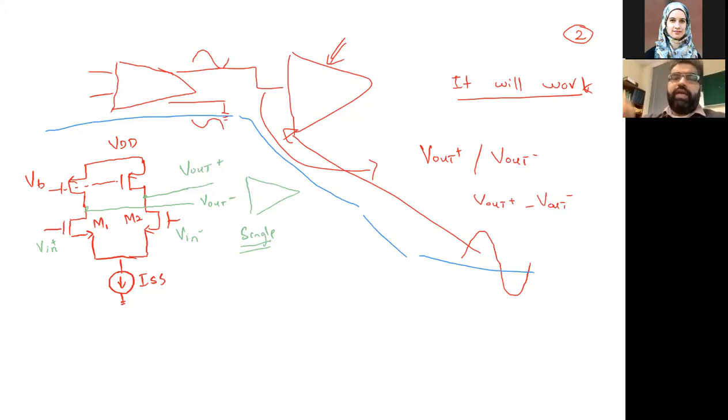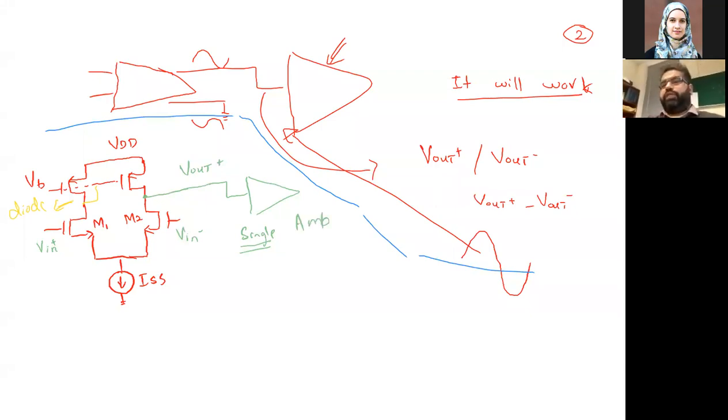I will just draw it again. If we just short this one like a diode connected, and don't take the output here and use this as a single output, this is my, and this is a single-ended amplifier, let's say.